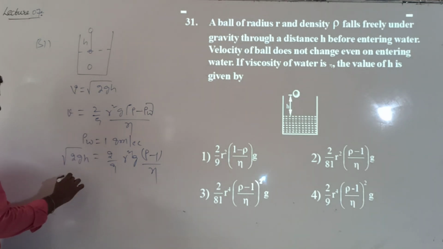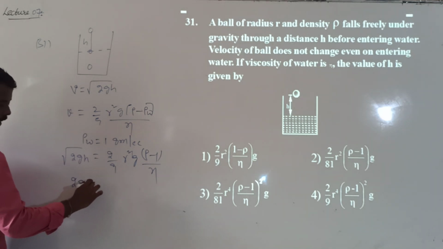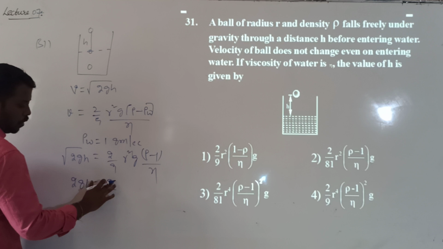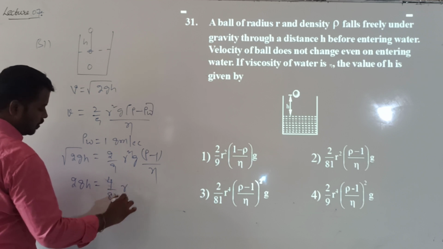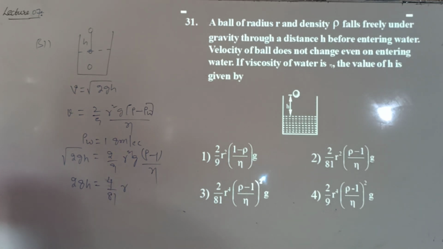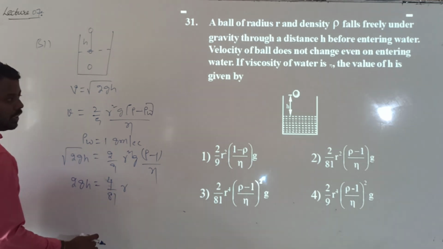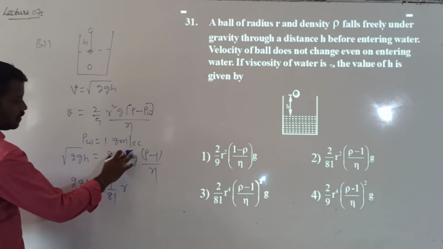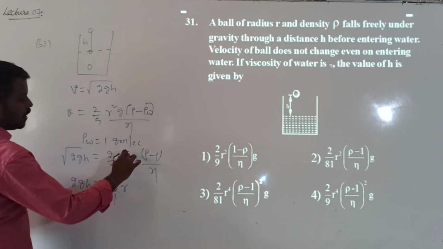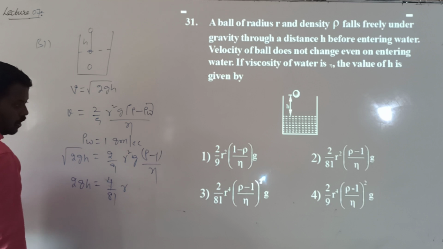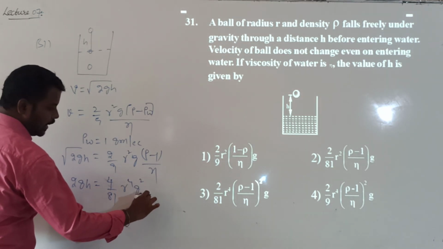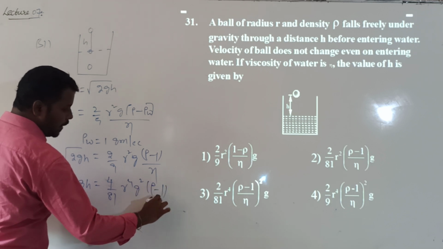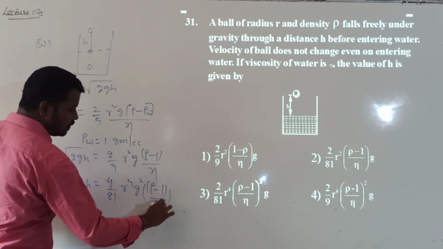Can I square on both sides? 2 into g into h will be equal to 4 by 81, r power 4 into g square into (rho minus 1) by eta, whole square.